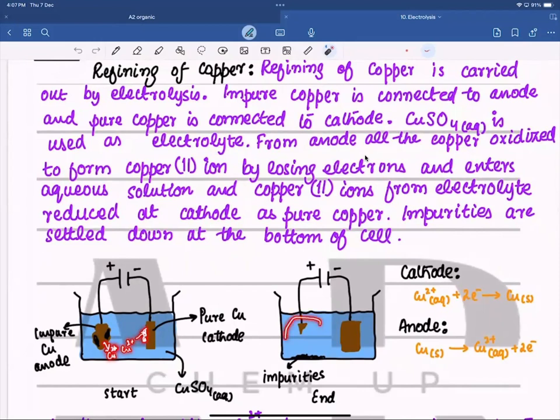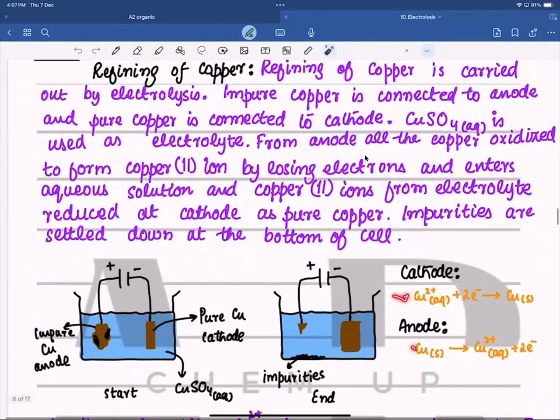As a result, it starts dissolving, and all the impurities get deposited at the bottom, and all the copper which was initially impure is deposited over here, and that's why the size of the cathode increases and the size of the anode decreases.